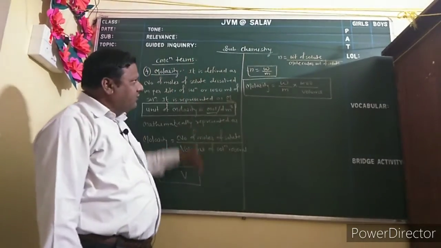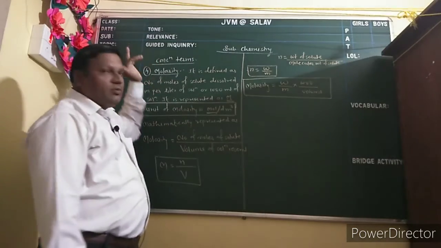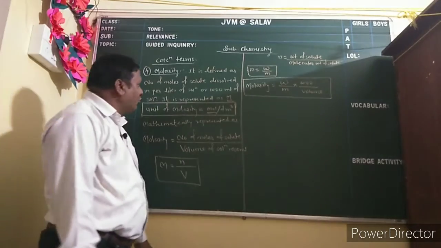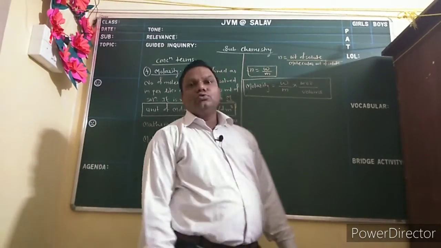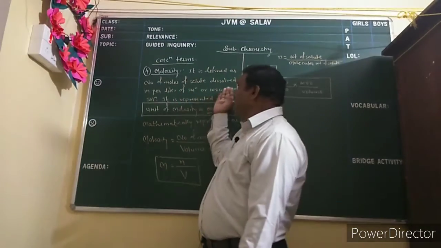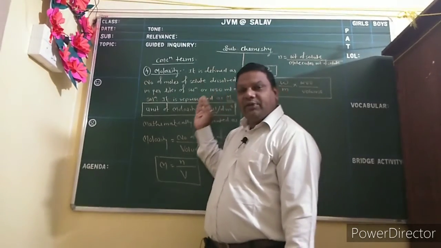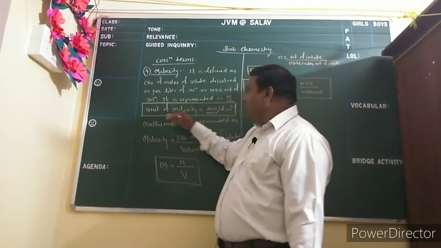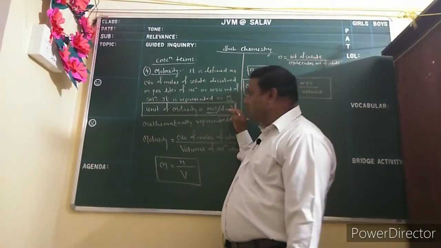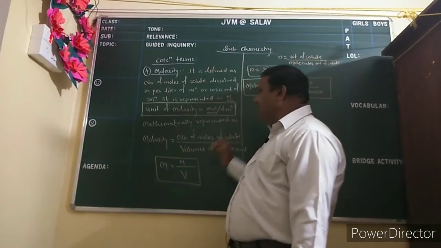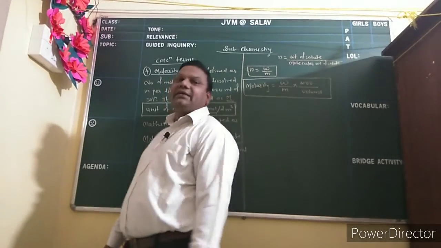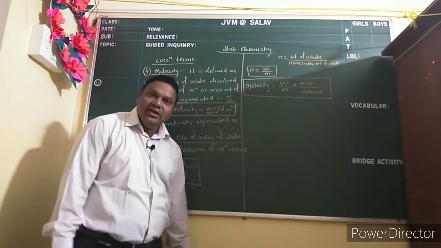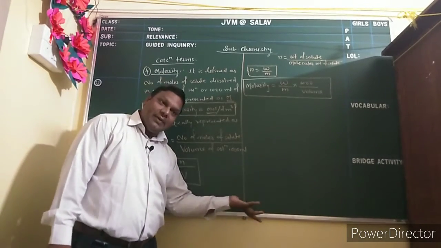Kindly note that down. Again I repeat, molarity is defined as the number of moles of solute dissolved per liter of solution, and it is represented by capital M, and the unit of molarity is mole per dm cube. Mathematically, molarity is equal to number of moles of solute upon volume of solution in liter or 1000 ml.